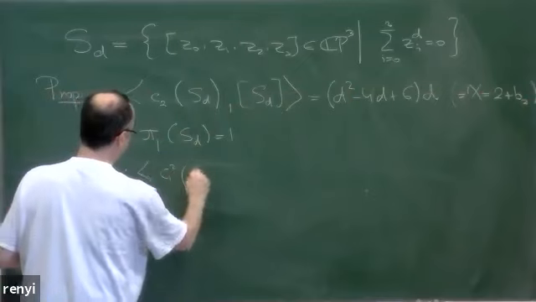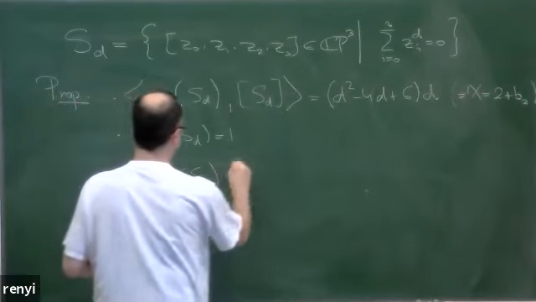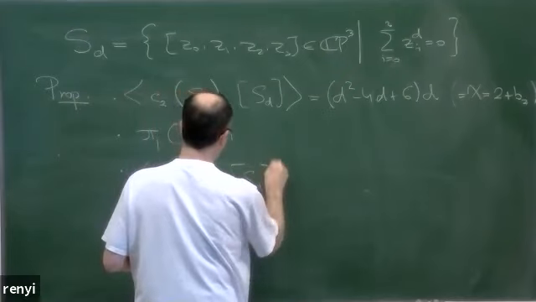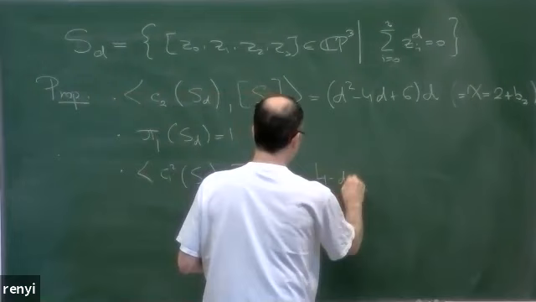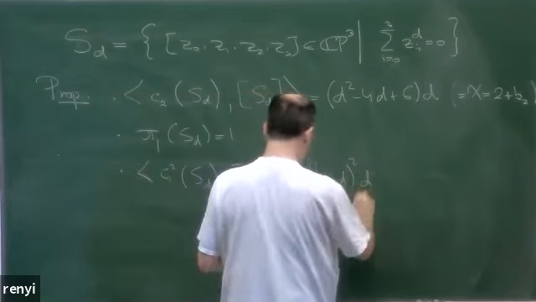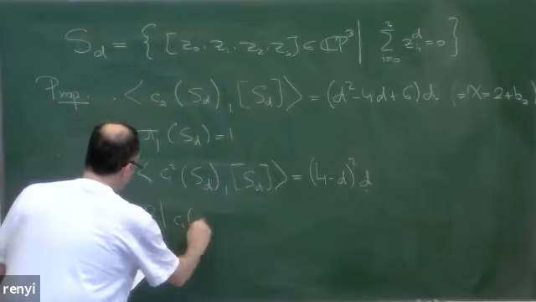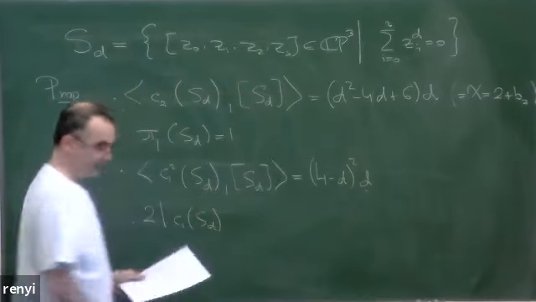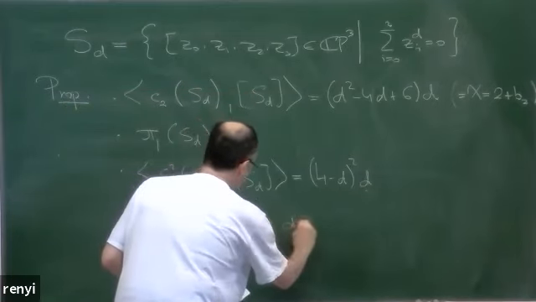C1 squared, the other 4-dimensional characteristic class, is given by 4 minus D squared times D. And the class C1 is divisible by 2 if and only if D is even.